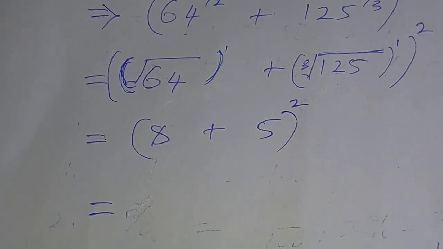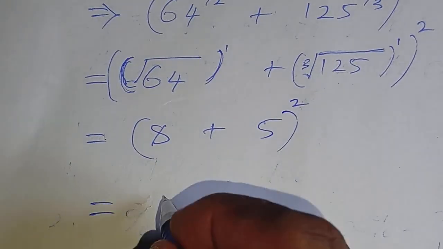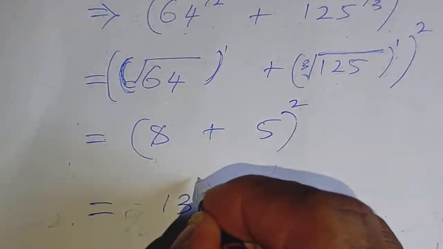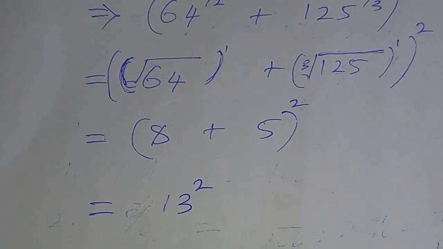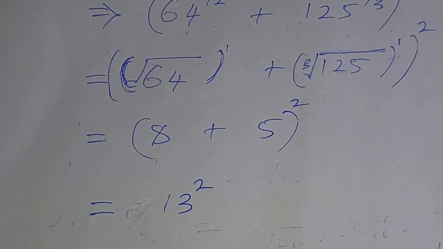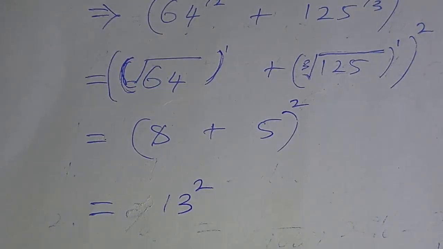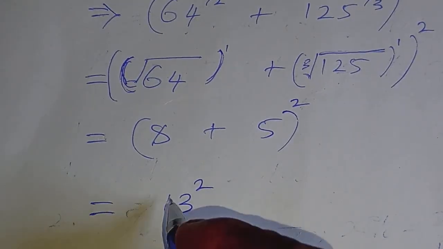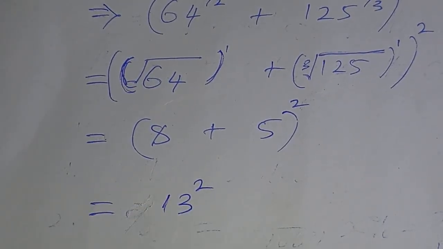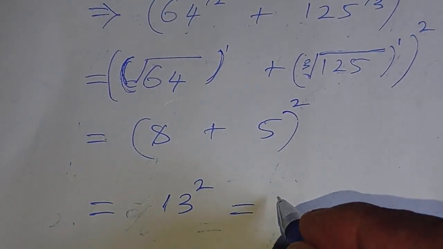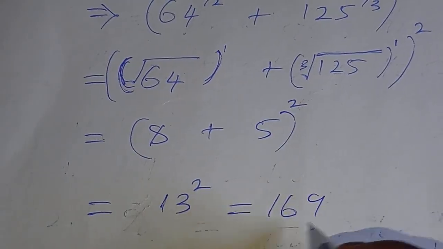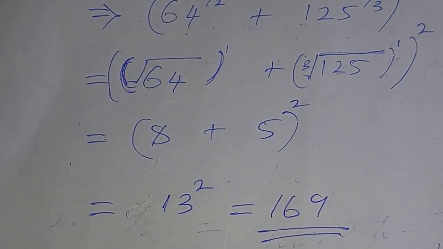So you just do the simple arithmetic there. 8 plus 5 will give you 13, so it's 13 squared. That's what it means. So 13 squared, 13 times 13. You can do that evaluation yourself, but it's 169. That's the final answer, 169.